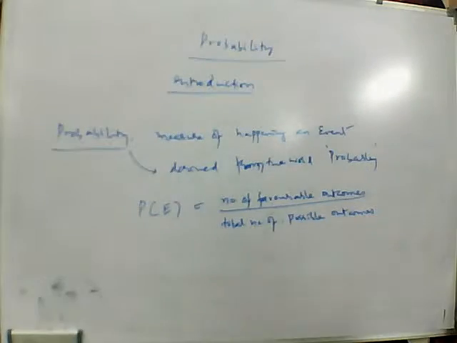This is the formula we used to find the probability of the occurrence of an event. Right? So number of favorable outcomes over total number of possible outcomes.